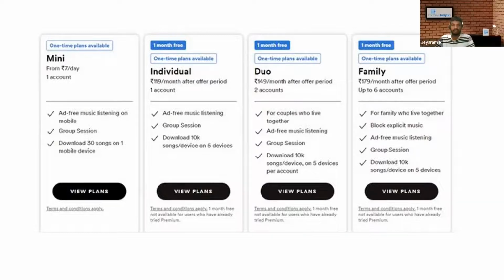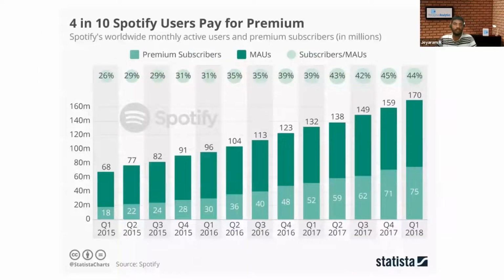Okay, so next, that's nice. We'll try to see some quick stats based on data from various sources. On average, it's found that only 4 in 10 Spotify users pay for premium, and the trend has increased in recent days.